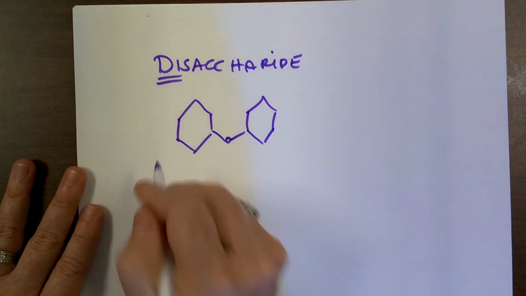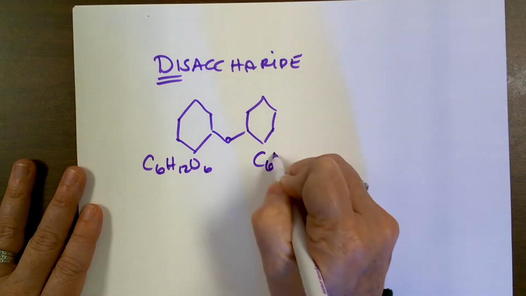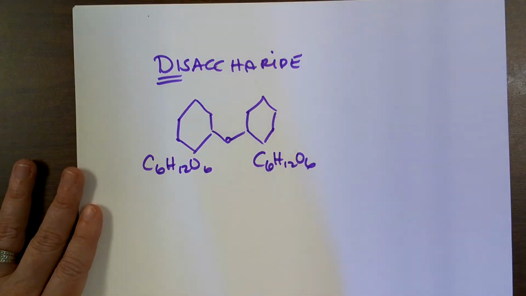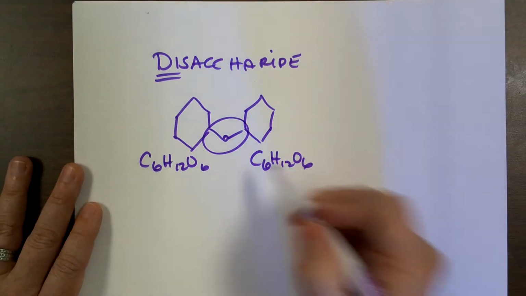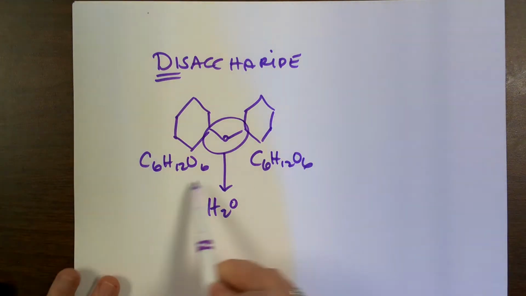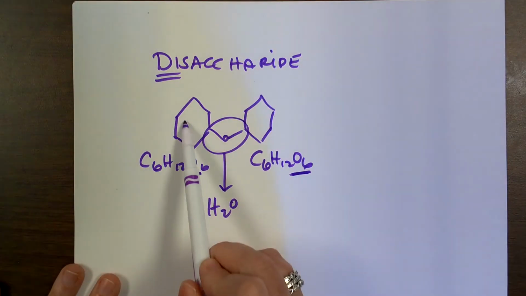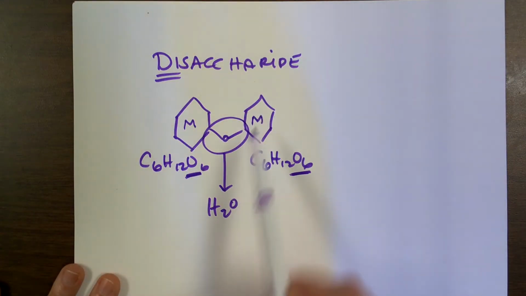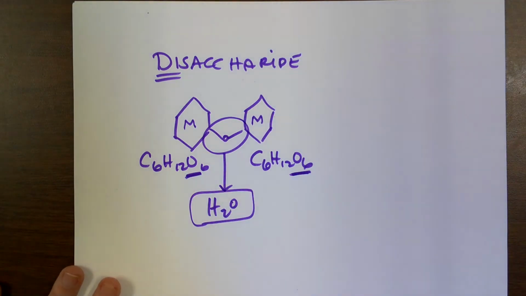So it's 2 monosaccharides, a C6H12O6 and a C6H12O6. But as you learned in the previous video, when a bond gets formed, a water molecule is released. That water molecule is going to come from these monomers of glucose. So when you form a disaccharide, you have a monosaccharide plus a monosaccharide, and they make a bond, and a water is going to get released.